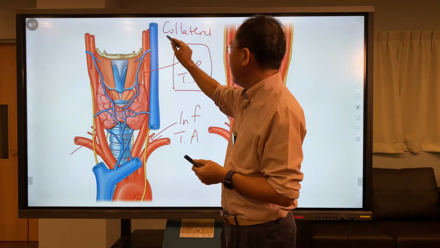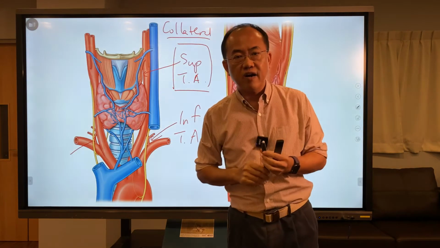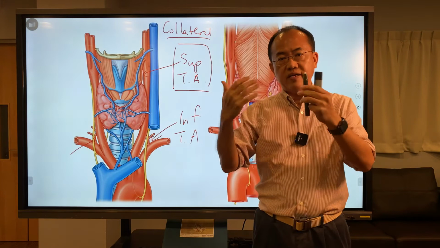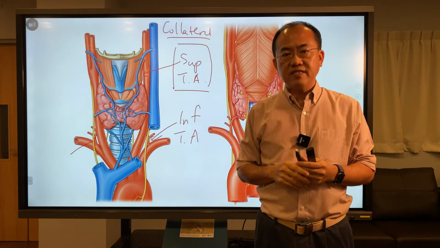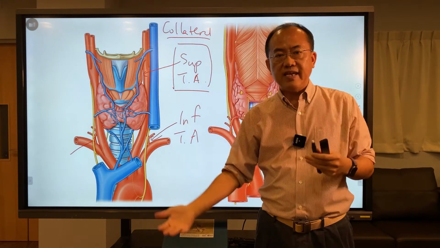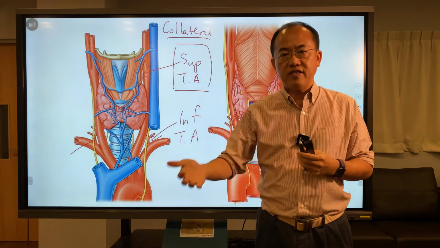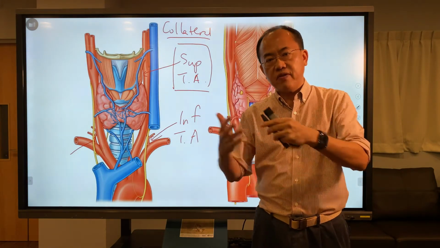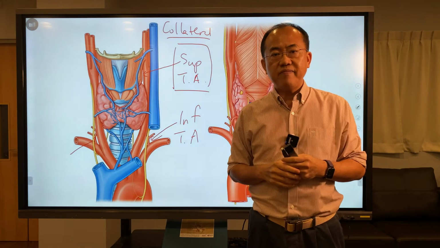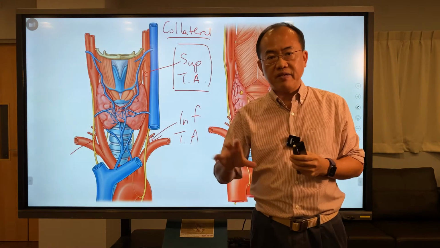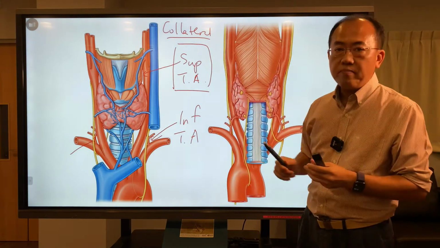Collateral circulation is a very important concept when there's a blockage of blood vessels. Because of the anastomosis, it allows a different route for blood coming from alternative blood vessels to supply the area that has been occluded. So this is very important.